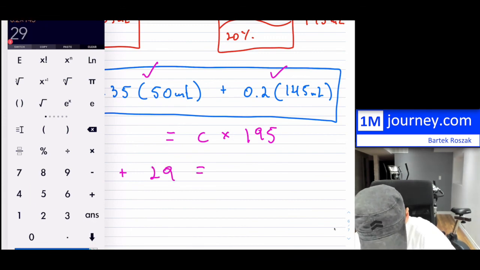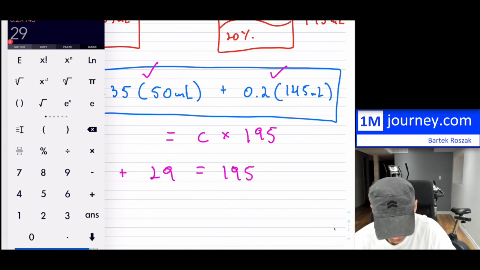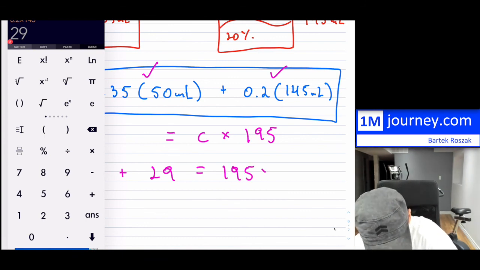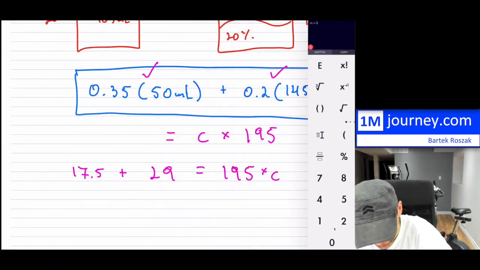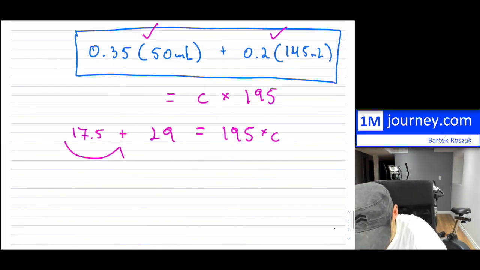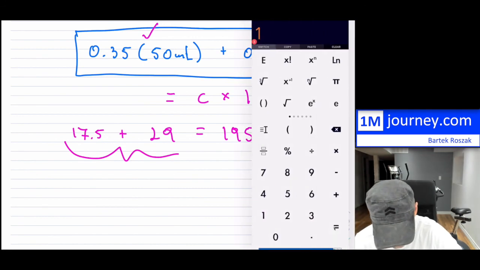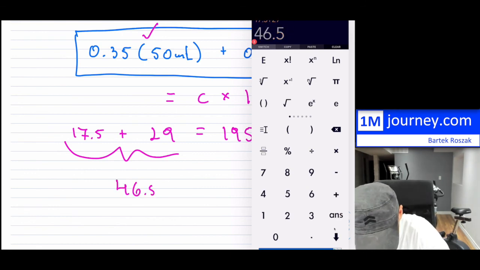It is equal to whatever this is times your concentration. Adding these two things together, 17.5 plus 29 gives me 46.5.